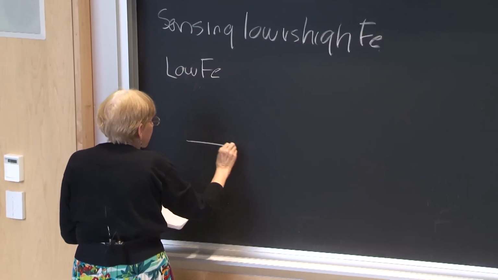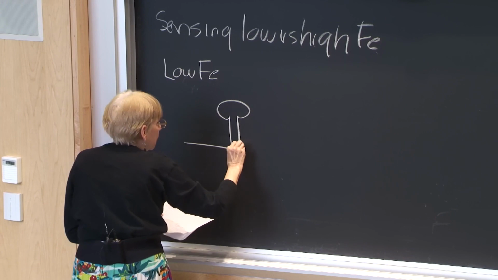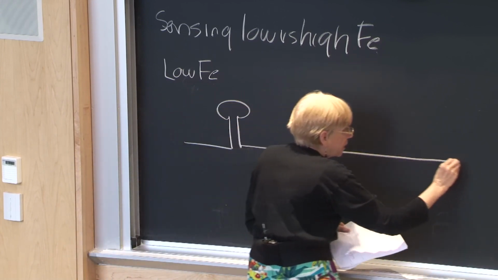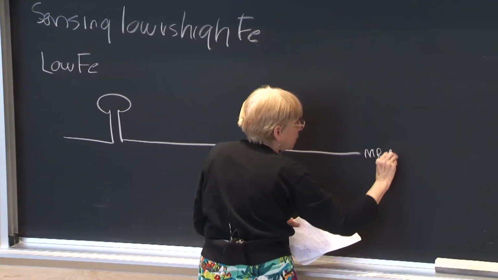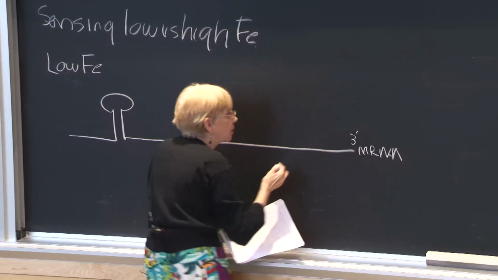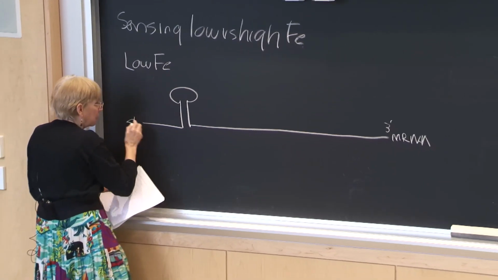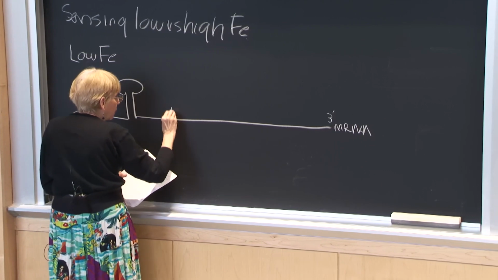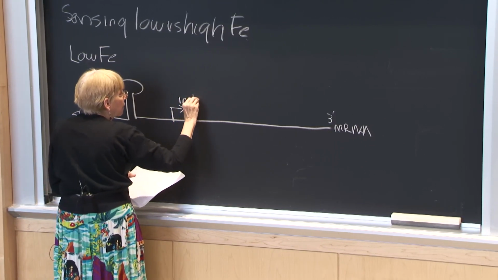What we're going to see is a stem loop. So here's our messenger RNA, here's the 3' end, and here's the 5' end. And here you initiate translation.